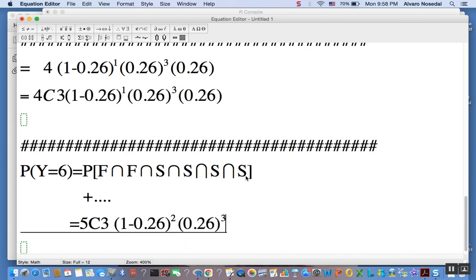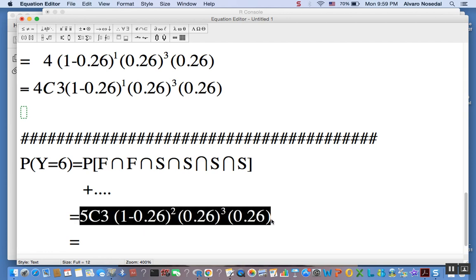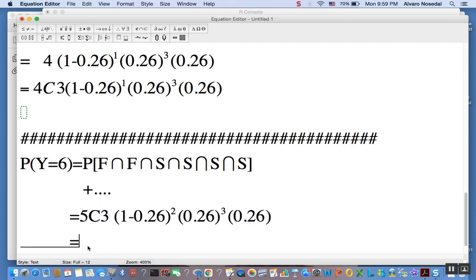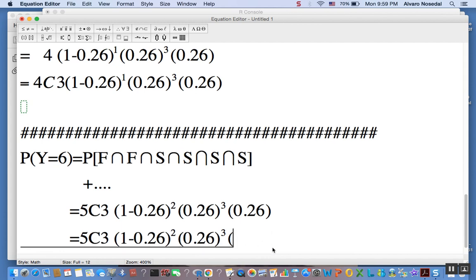Then we know that the probability of observing the last one as a success is 0.26. So we could rewrite this just like this. It would be again 4, and 2 would be, guess what, 6 minus 4. Make sense?